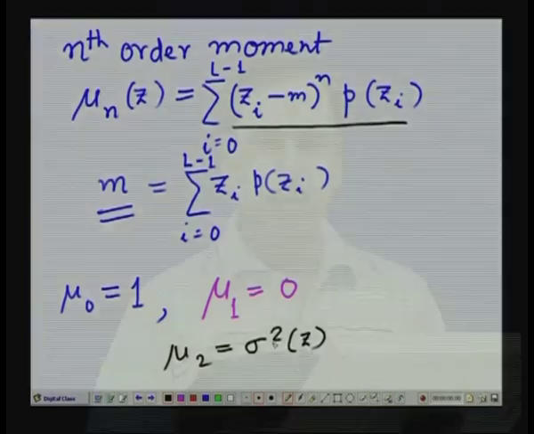So, the second order moment is basically the variance of the intensity values present in the image, and this variance is very important information, because it tells us the variability or the range of the intensity values present in a given texture image. And from this second order moment or the variance, we can derive a very important texture descriptor.